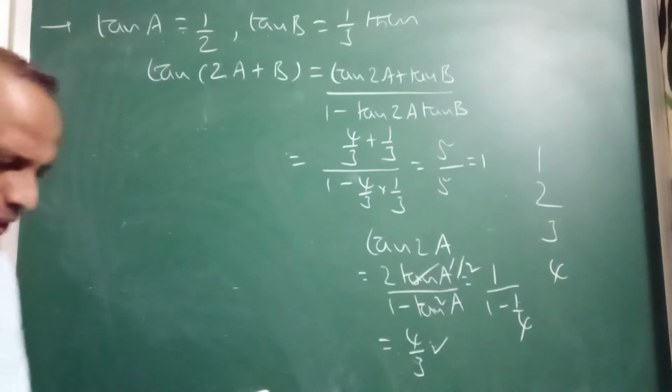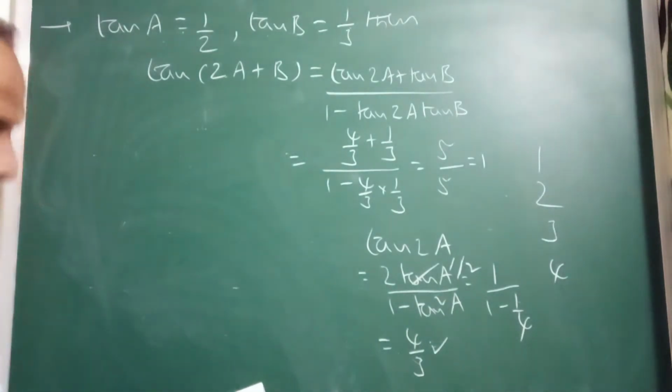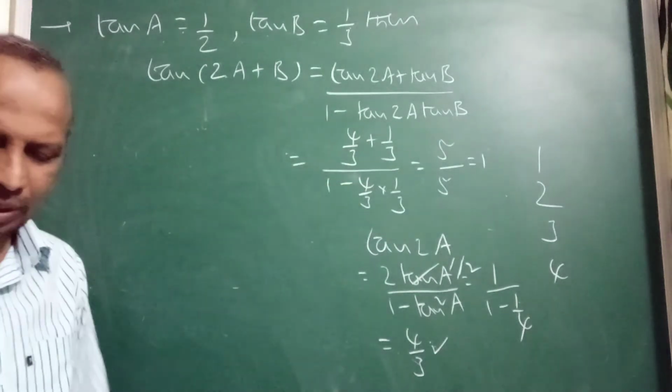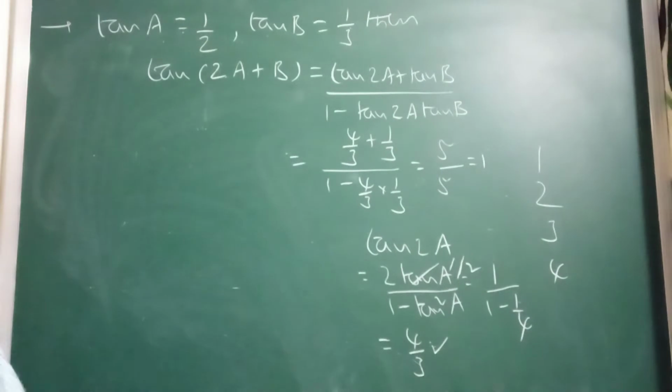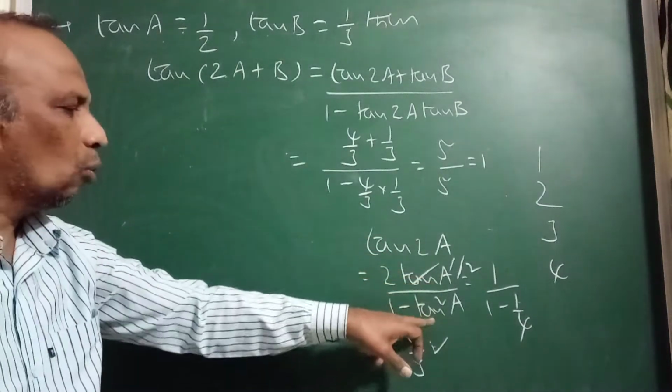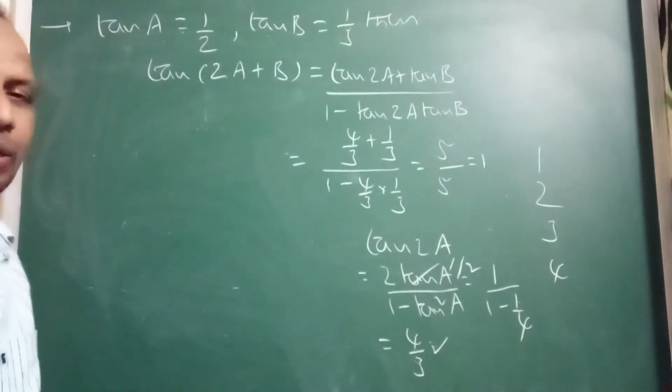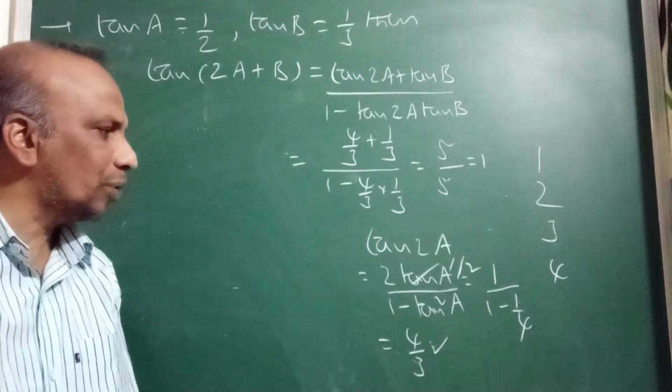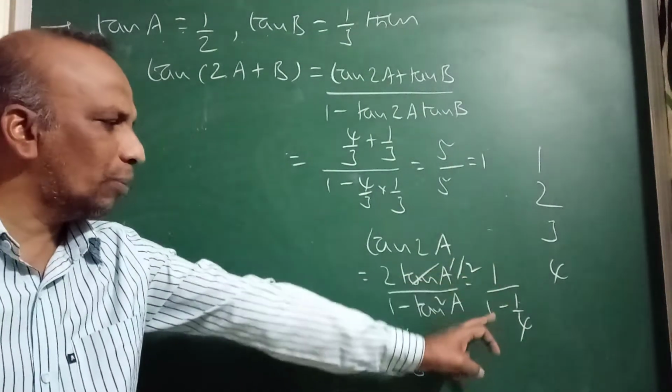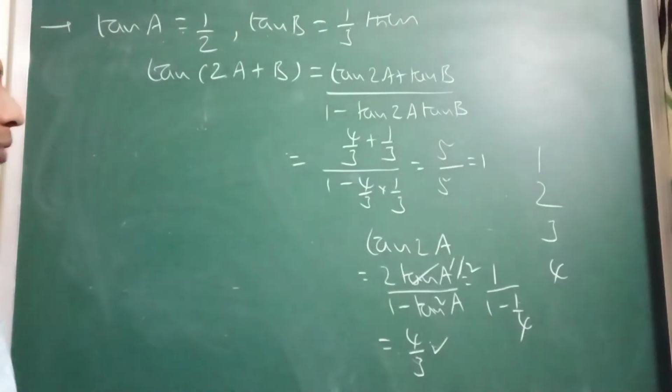You can observe here what I have written here. So I have written tan 2A equal to 2 tan A by 1 minus tan square A. So 2 into 1 by 2, 1 by 1 minus 1 by 4.